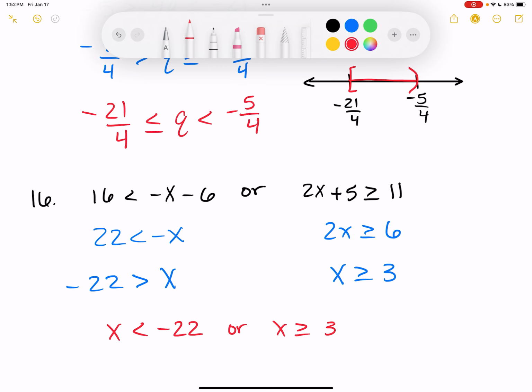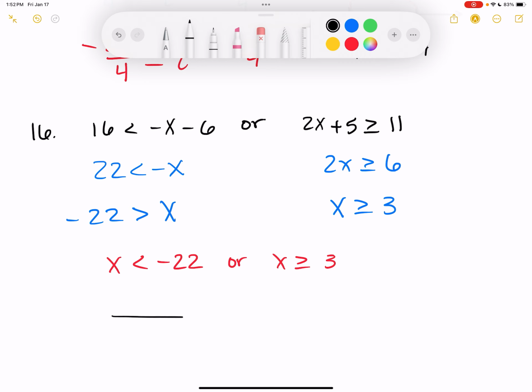Okay, so this graph is going to be going opposite because it's an or. So, got my graph here. And again, these numbers are pretty spread apart. This is what I usually do: if you want another number on here, you can add a 0. It really doesn't matter. There's a parenthesis going to the left at negative 22, because this is or, so they go opposite.